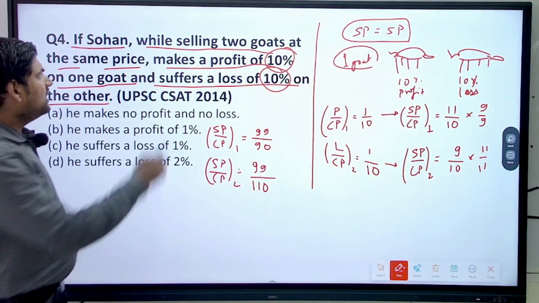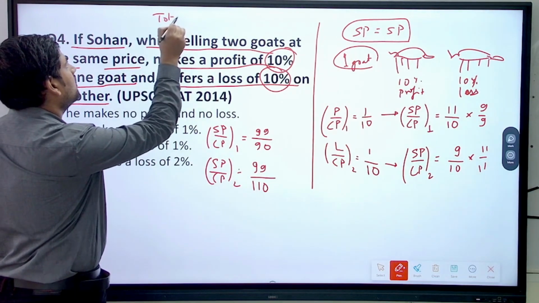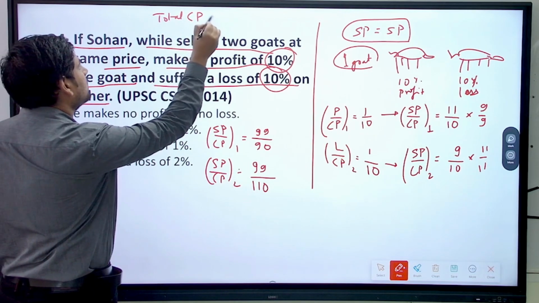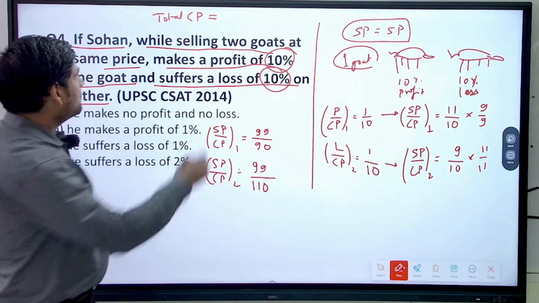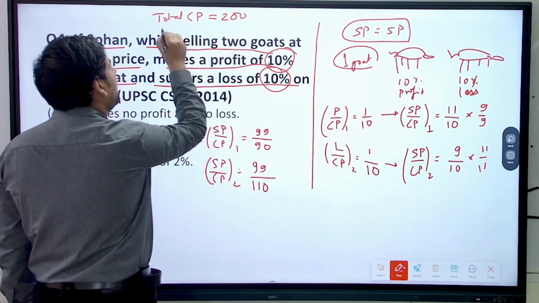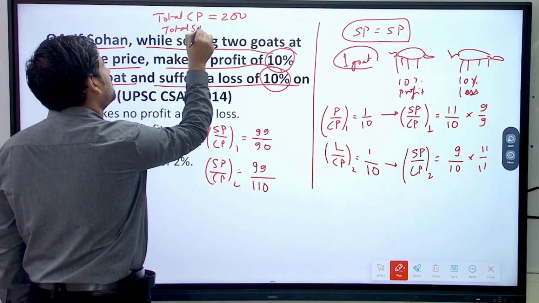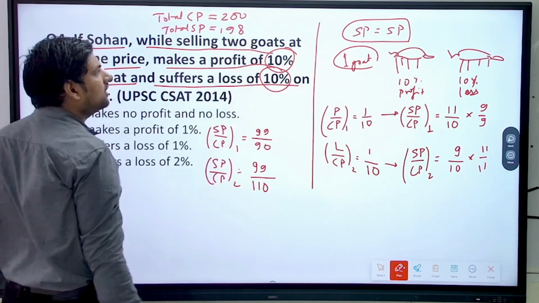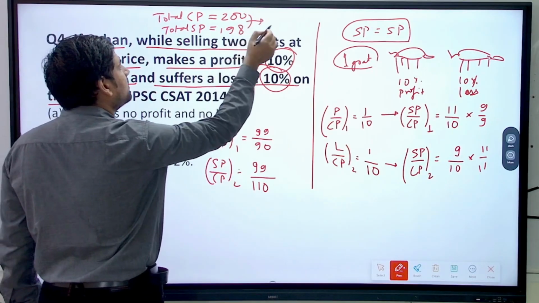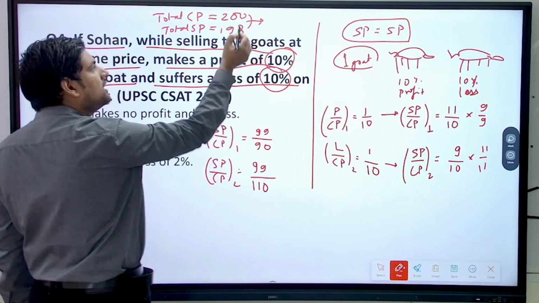Now you can easily calculate. Total cost price is equal to 90 plus 110, that is 200, and total selling price becomes 99 plus 99 is equal to 198. Now you need to calculate profit or loss.